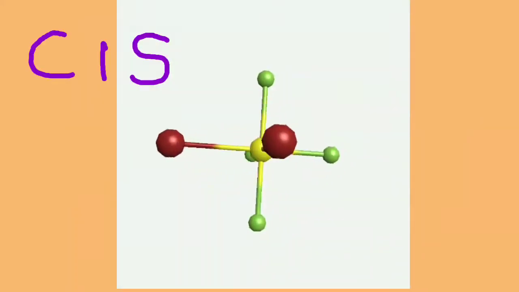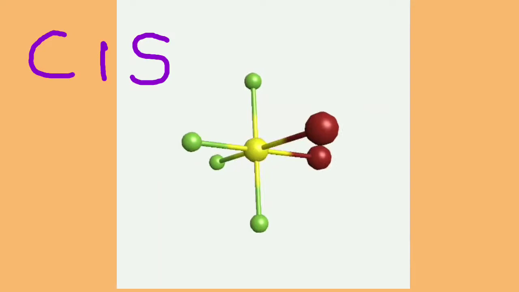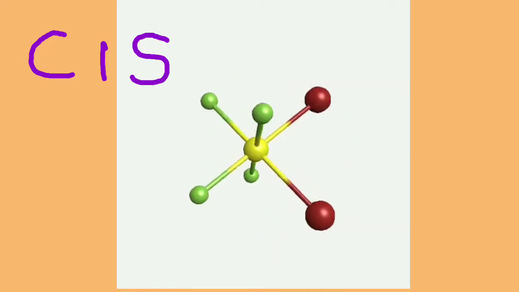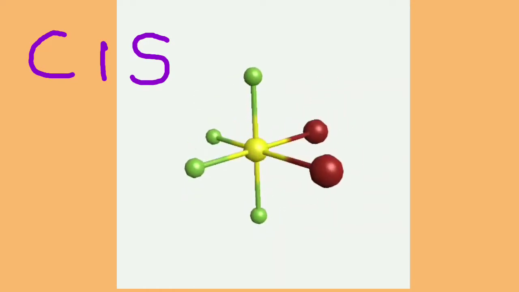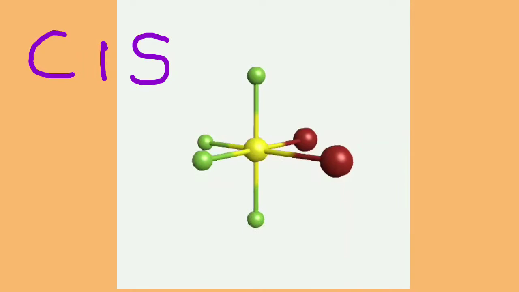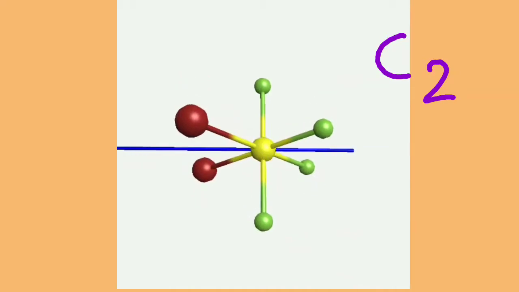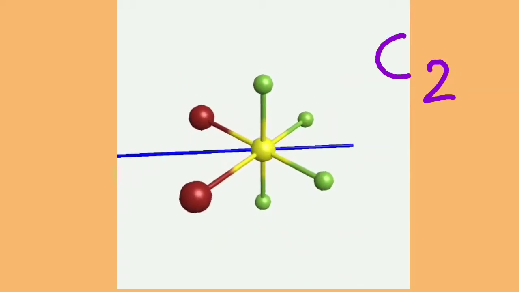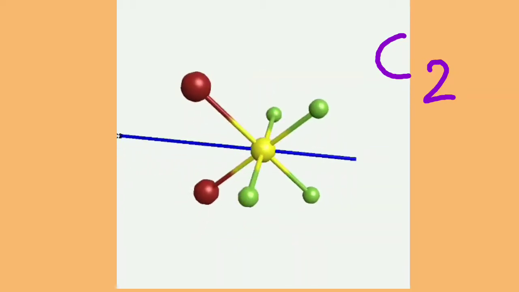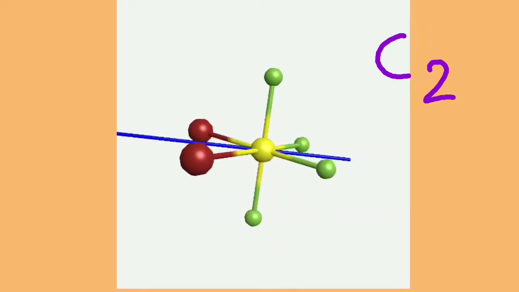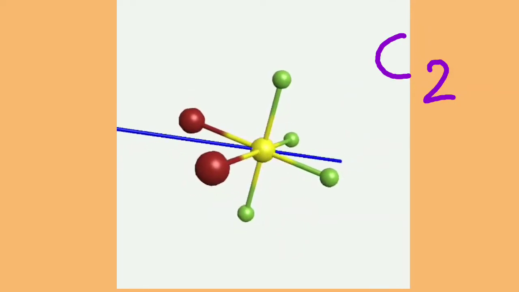And Ma4B2. Ma4B2 means there are 2 B ligands. This is the cis isomer because both B ligands have a 90-degree angle. Now I will check C2 and the sigma plane. This is the C2 axis, meaning if I rotate the molecule around this axis, it will have the same configuration 2 times.